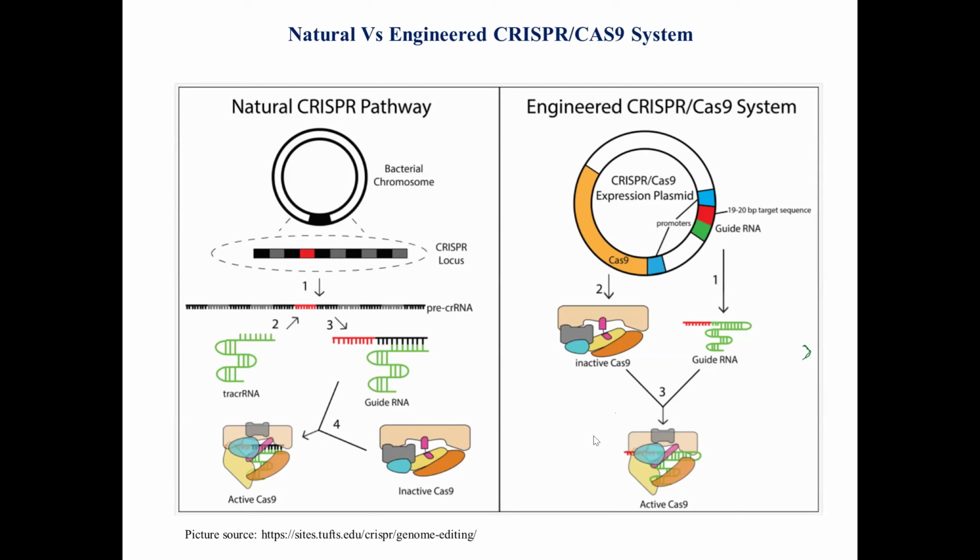Sometimes the plasmid keeps on expressing the Cas9, so that even after the editing has happened, Cas9 is still expressed, and that will lead to off-target editing. So these are issues of the plasmid. When you use mRNA, whatever mRNA is there will become protein, right?